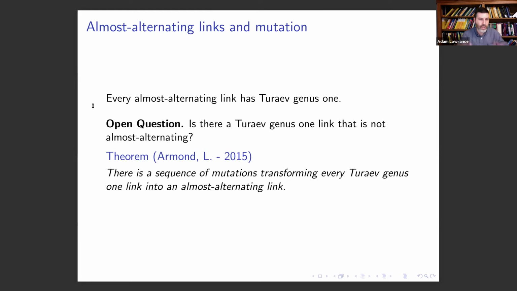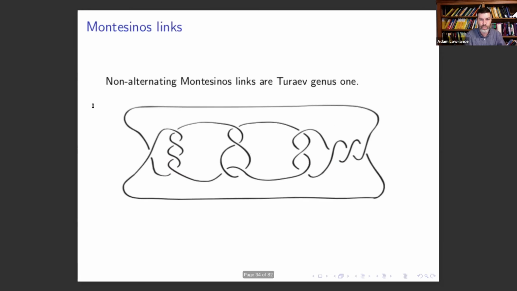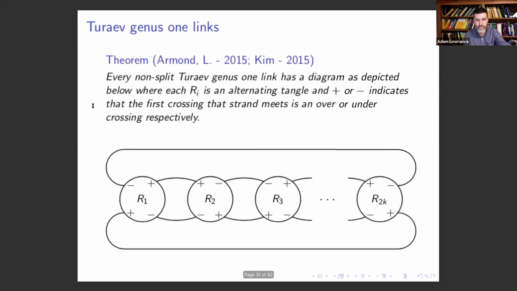I listed a slew of examples just now, and you might be saying to yourself, okay, well, let's just take pretzel knots and put them on arbitrarily many strands, let the number of strands get bigger and bigger and switch back and forth between alternating tangles in some fashion, so that in this picture K gets very big.